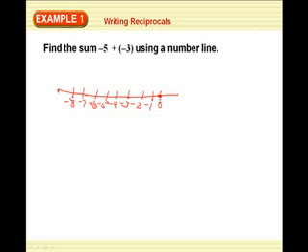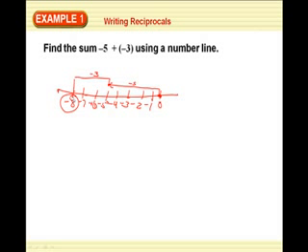So the first thing you're going to do is move -5. So I'm going to go -5 this way. And then from there, I'm going to go another 3, and those are negative. And I ended up at -8. So -5 plus -3 is -8. And that's just using a number line.